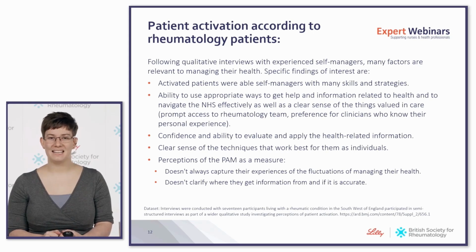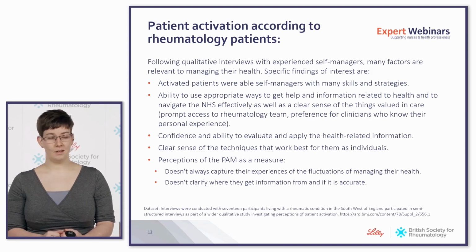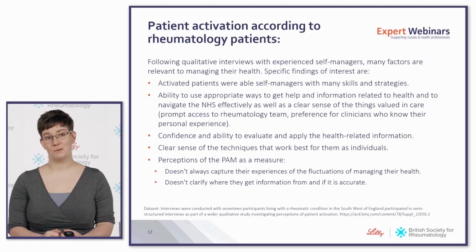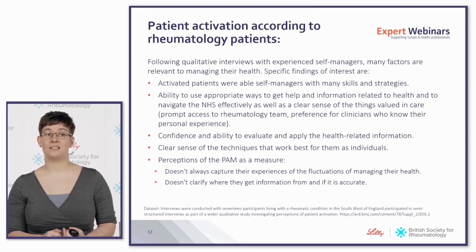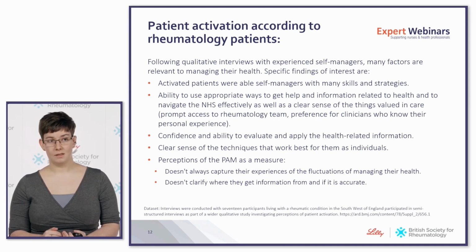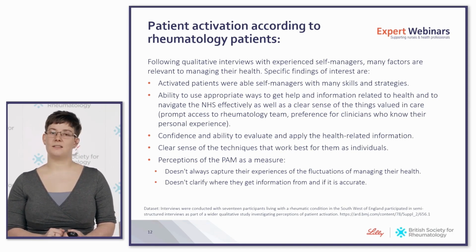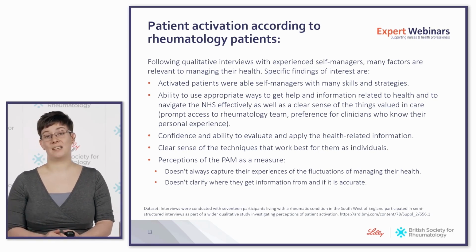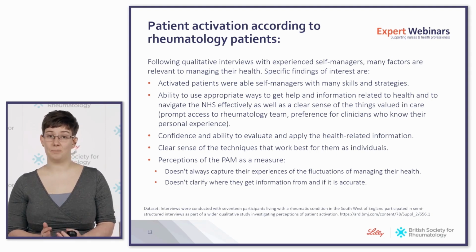As well as this, they had a very clear sense of the techniques and the tools that worked best for them as individuals. This not only included self-management strategies in their toolkit, such as pacing, being able to adapt activities so that it best suited them, and perhaps physical changes to their household and their lives with adaptive equipment, but also included a sense of when they knew what extra support they needed, or perhaps what extra tools they needed to reduce the risk of a flare-up, to manage flares themselves, or to generally deal with their condition on a day-to-day basis.